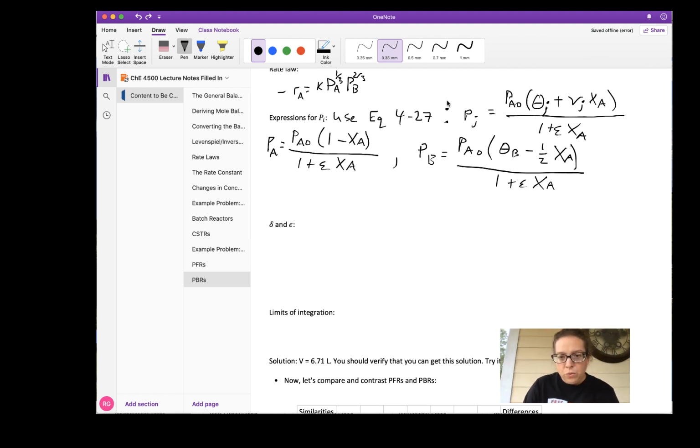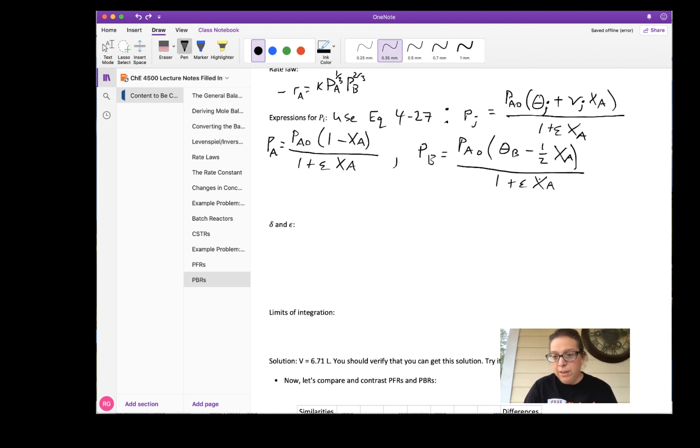Now, if I were to fully write out this equation, I would have two additional terms here. I would have a P divided by P naught term, and a T naught divided by T term. But since this is an isothermal and isobaric reaction, those terms both are equal to 1 in this example, so I'm going to neglect them. But keep your eyes out, that's not going to be the case later in this lecture.